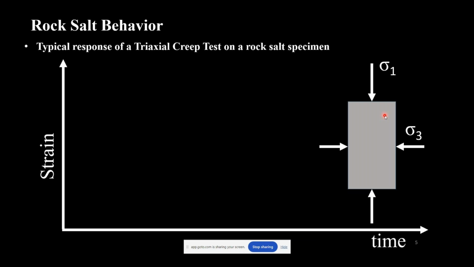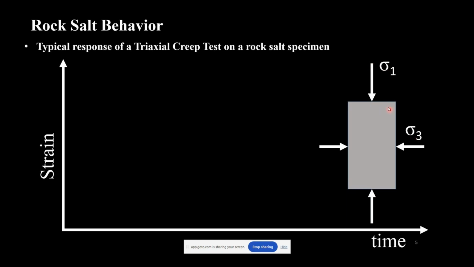So now I will just explain a little bit on the salt behavior. Usually we measure the rock salt behavior by doing triaxial creep tests. In this test, we basically take a specimen of rock salt, we apply a confining stress, and then we apply a constant axial stress.